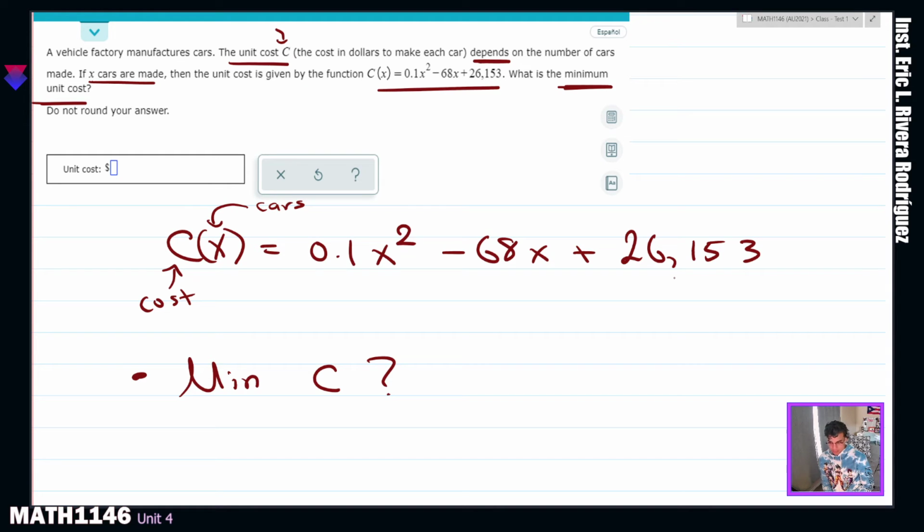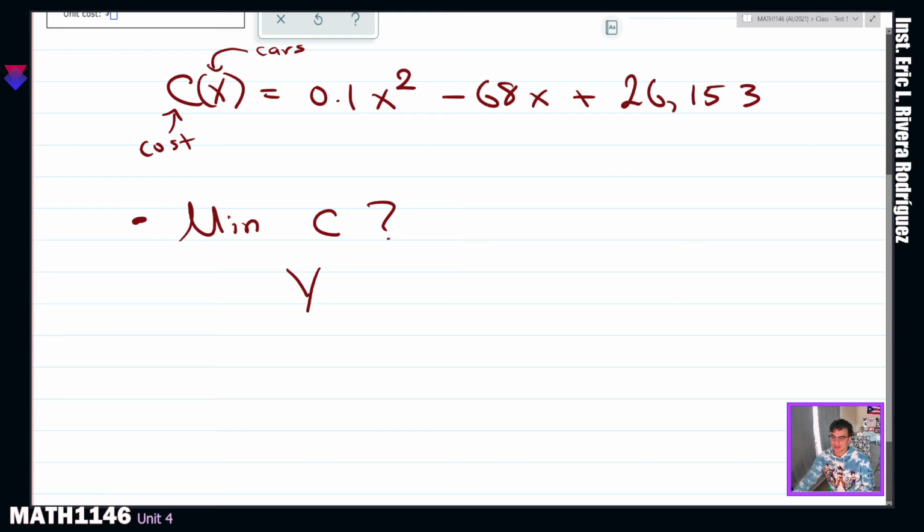It is possible to find a minimum value. Tristan, you said yes. Anyone else? Is it possible to find a minimum value? Okay. Yes, it is possible, but why?